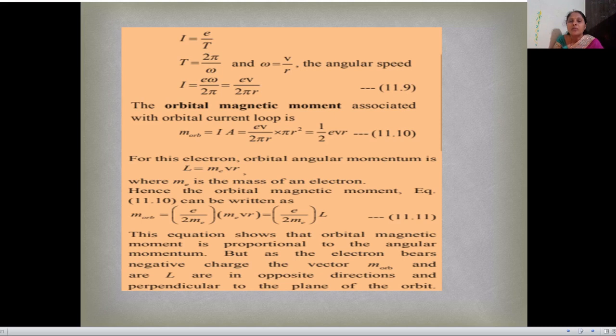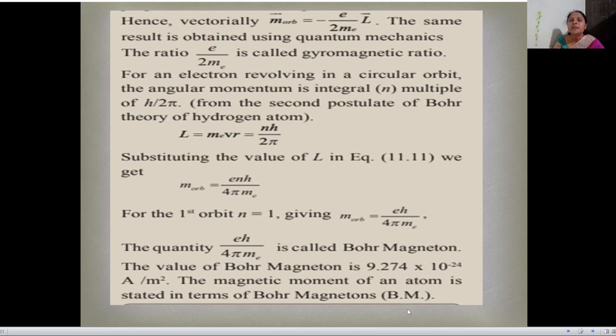Therefore m orbit is equal to e by 2 m_e into L. This equation shows the orbital magnetic moment, but as the electron has negative charge, the vectors m orbit and L are in opposite directions and perpendicular to the plane of the orbit. Hence vectorially, m orbit equals minus e by 2 m_e L.